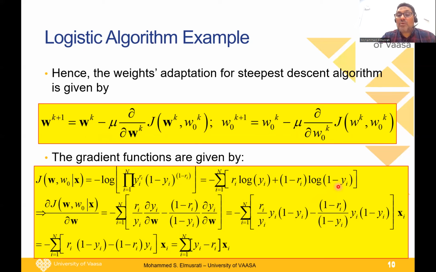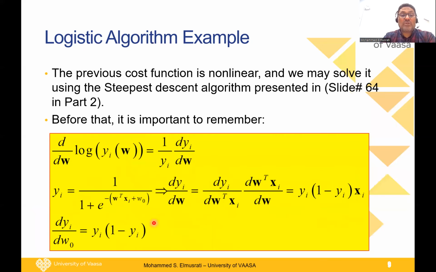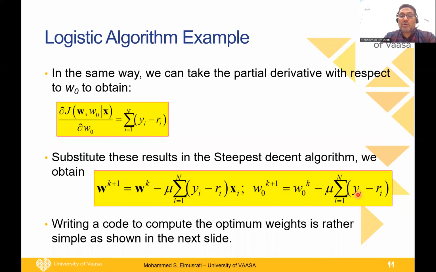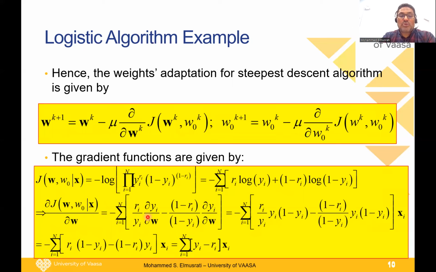The derivative of 1 is 0, and the minus sign comes outside, with the partial derivative of yi with respect to the weight vector W. And we know that this derivative gives us yi times (1 minus yi) times xi. So we can substitute it here. When you substitute it, yi cancels yi, and (1 minus yi) cancels (1 minus yi), and we have xi as a common vector outside.